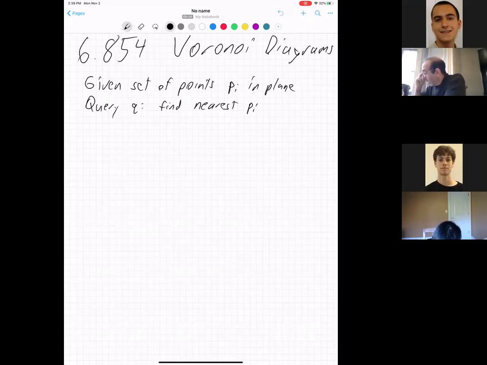Okay, so just to introduce immediately some terminology, I'm going to define V of pi to be the set of points in the plane that are closer to pi than to all other points.